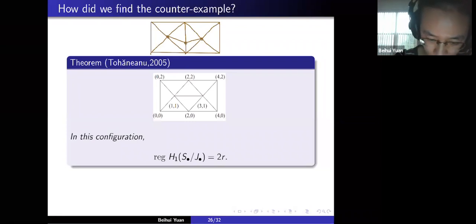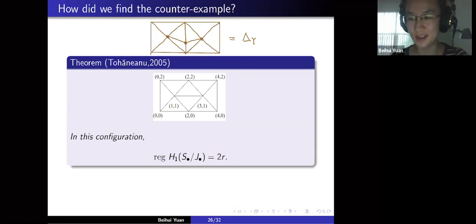And the point here is that these 2 edges should have different slopes. And you will get our example. Okay, I just made some modification to this example to get our counterexample, because this one is right on the edge, right? It is 2r, yeah.